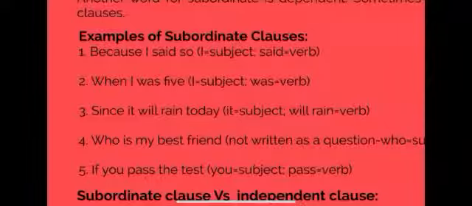Or: when I was 5, then what? It's not complete again, but it has a subject and a verb. I is the subject, was is the verb. So subordinate clauses have subjects and verbs, but they are not complete sentences. They have no complete idea or thought.